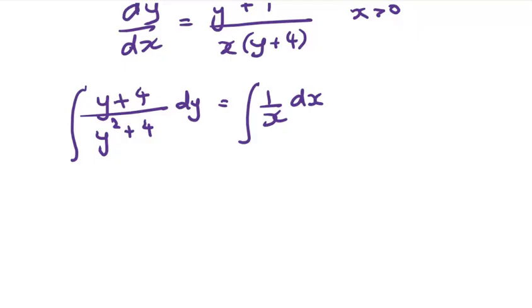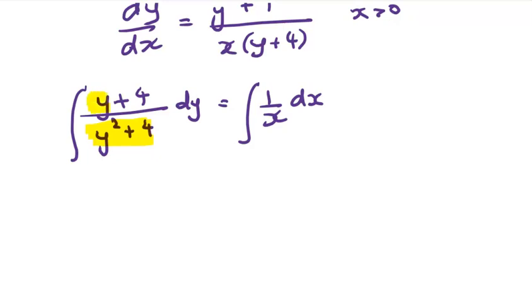So looking at the left-hand side first, let's just look at the denominator and see that here we've got y squared plus 4. So doing some reverse chain rule, in the numerator, I haven't got 2y here, but I've just about got 2y.